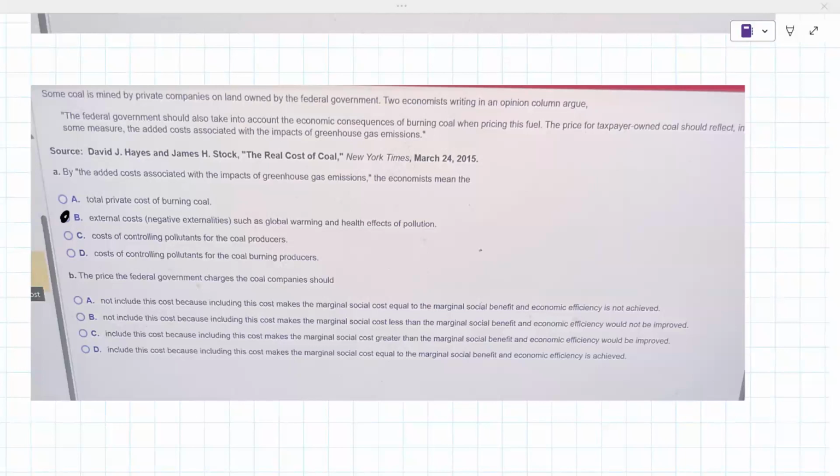Okay, so let's see here. Includes the cost, marginal cost, yeah, greater than. So I would go with C. And it does make sense that you pass the cost on.